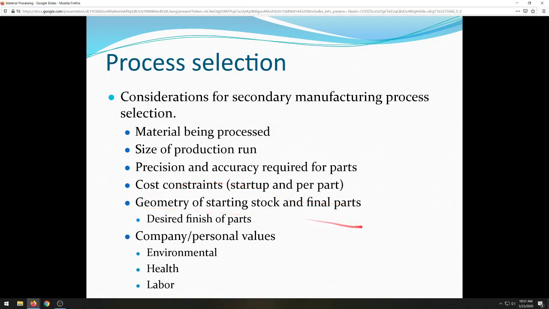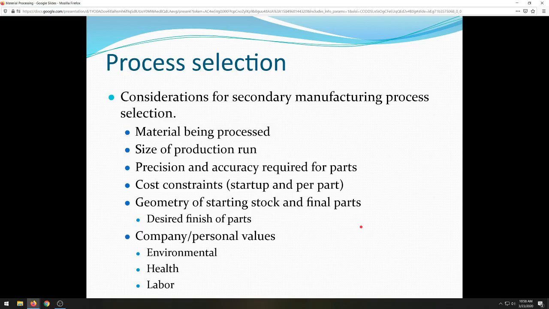And then the geometry of the starting stock and the final parts. So we have different tools and different processes for sheet metal than we do for working heavy steel. Same goes for plastic. If you're starting with pelletized plastic, obviously you've got to form it into a solid piece first. But if someone gave me a giant 2 foot by 2 foot by 2 foot block of plastic, I'd probably have to do some machining processes on that.